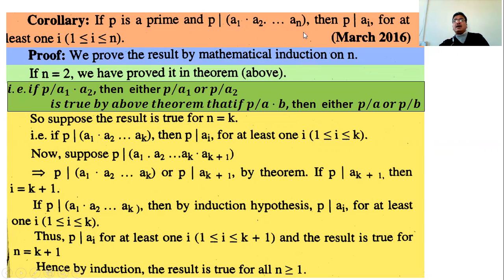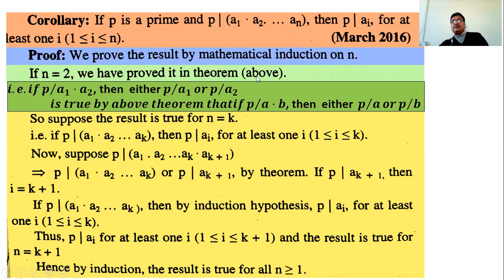Then what do we have to show? We have to show P divides one of them, either A1 or A2 or A3 or AN. That is, we have to prove that P divides AI for at least one I running from 1 to N. That is, P divides at least one of them.